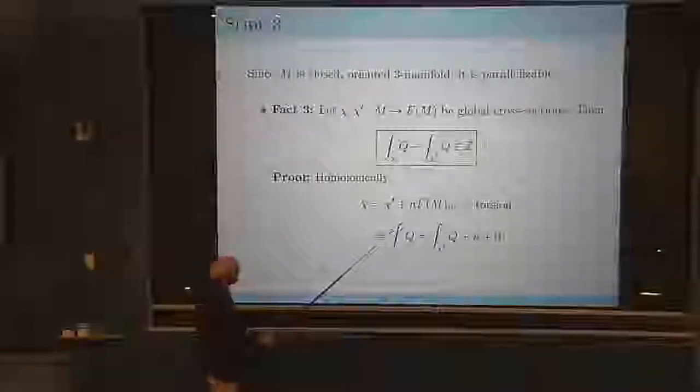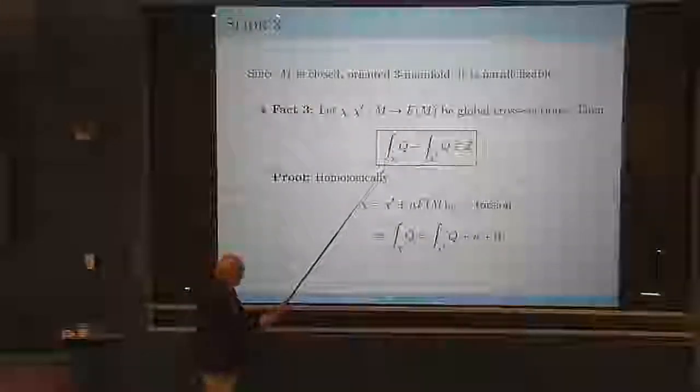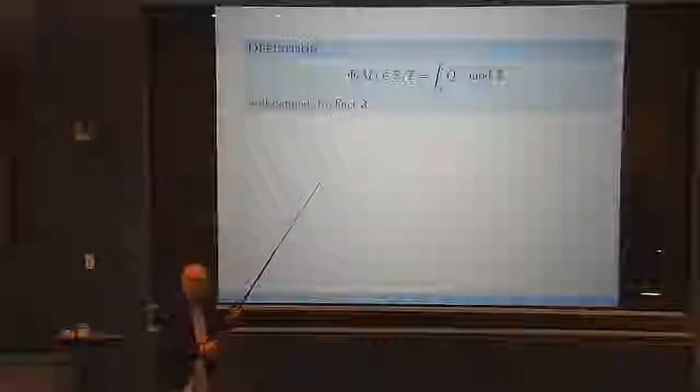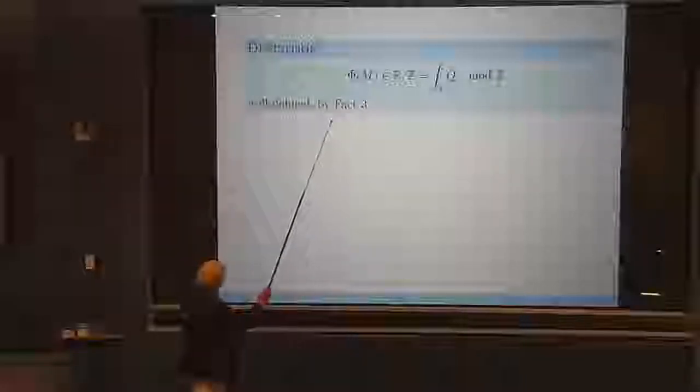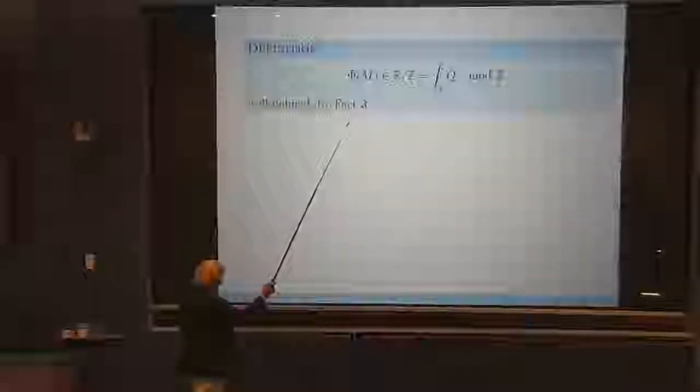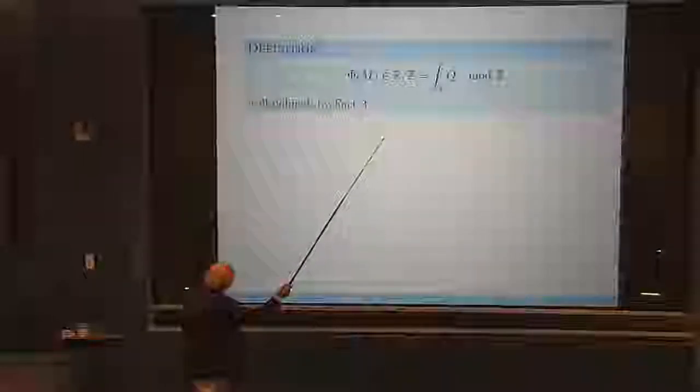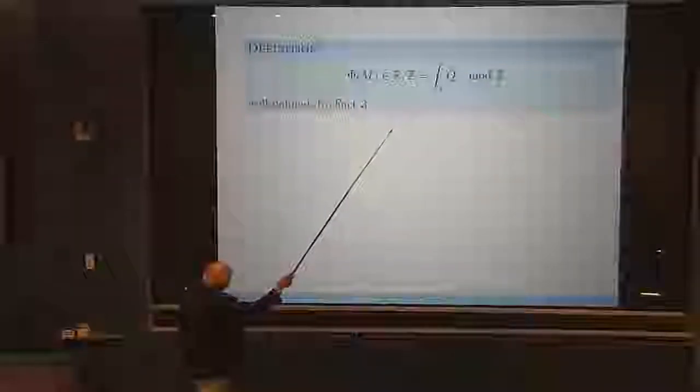So these two things just differ by an integer. So I define this function of M with its Riemannian structure, and it takes values in R modulo Z, the circle, if you like. So I just integrate this over any cross-section, and reduce mod Z. So that's a well-defined function.